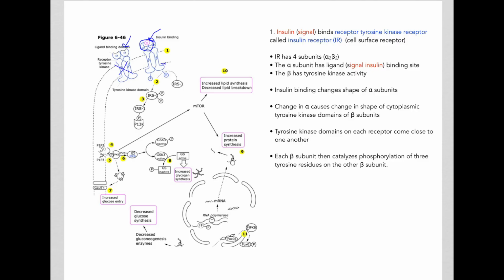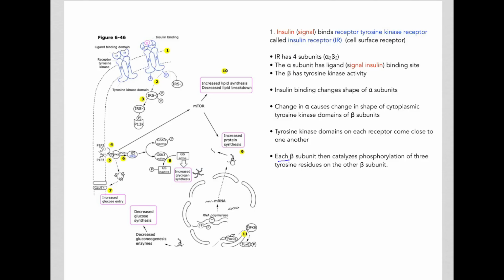And when the beta subunits start changing their shape, the tyrosine kinase activity of the beta subunits becomes active. So now the tyrosine kinase activity of this beta subunit will cause the addition of phosphates on the other beta subunit, while the tyrosine kinase activity of the other subunit will phosphorylate this one.